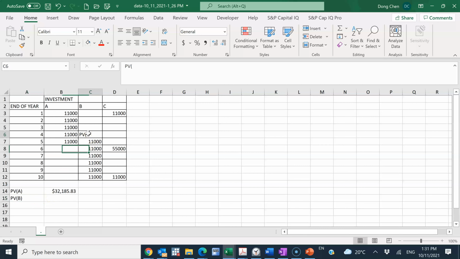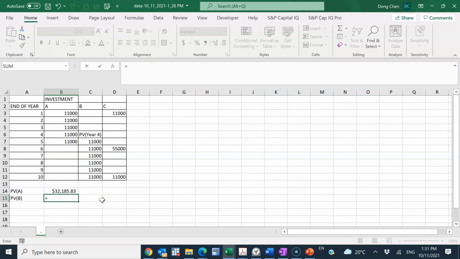One is to calculate the present value in terms of year 4. We can use a similar procedure as we did earlier for investment A, right? It's just the present value, the rate is 21%, then count the number of annuity payments, and this is 6. So input 6, and payment. Again, we add a negative sign in front of the cash flow here, just because we want to get a positive present value.